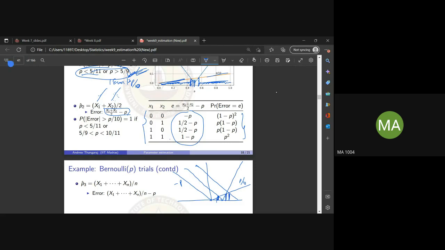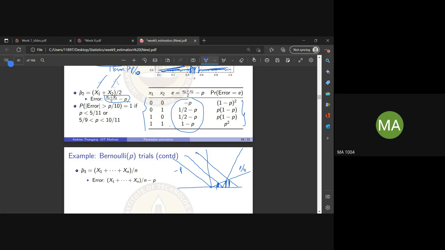You see, you have three different regions here, and your error is greater than p by 10 for these. This point is 5 by 11, this point is 5 by 9 again, and this point is 10 by 11.